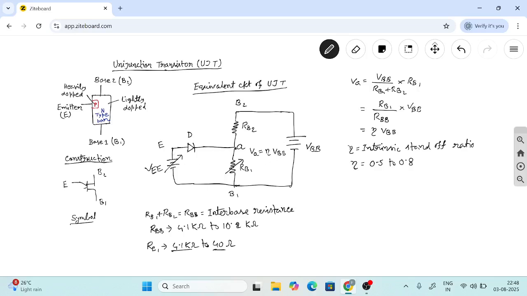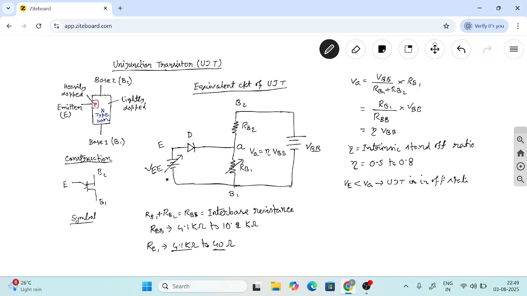When VE is less than VA, the diode is in reverse bias condition, so UJT does not get turned on. Whenever VE is less than VA, UJT is in off state.